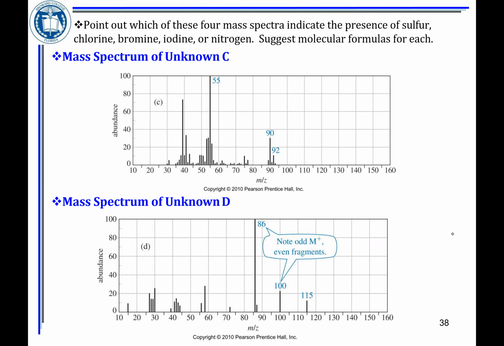You look at the height ratio here, 1, 2, 3. That's a 3-to-1 ratio, and that shows that you have chlorine. And when chlorine leaves, you have 55. That's the molar mass minus the 35.